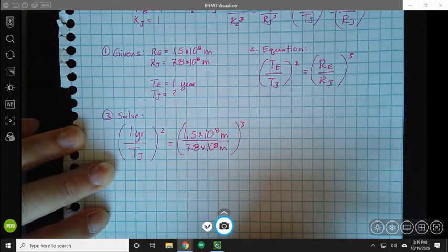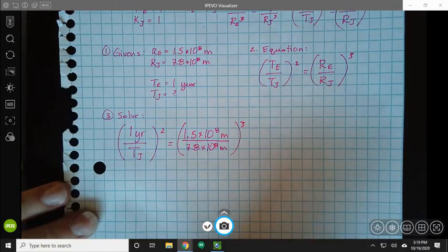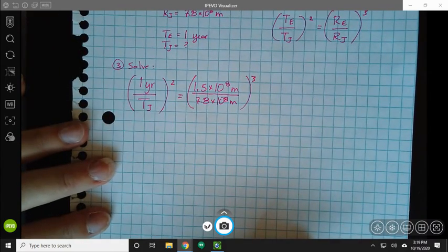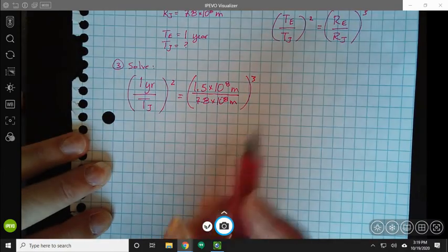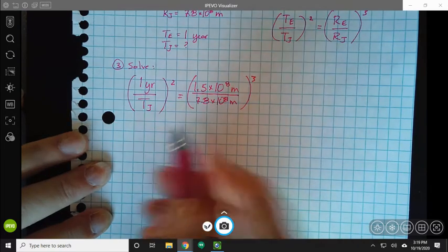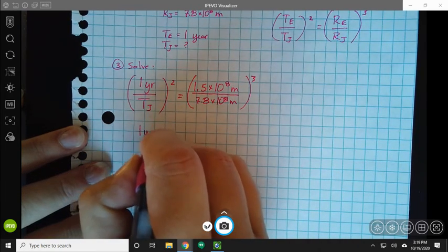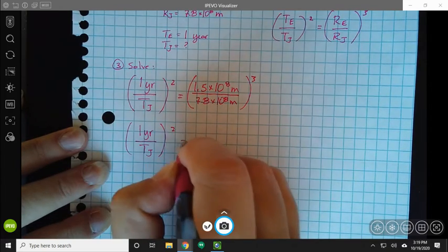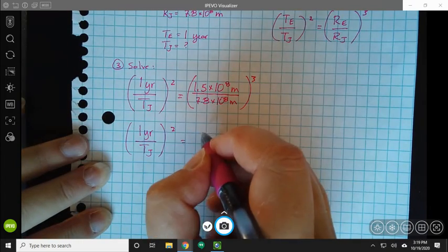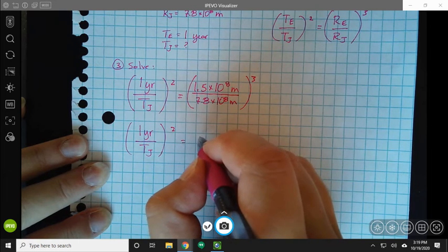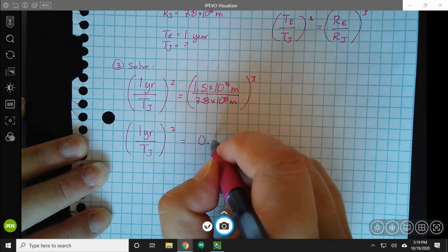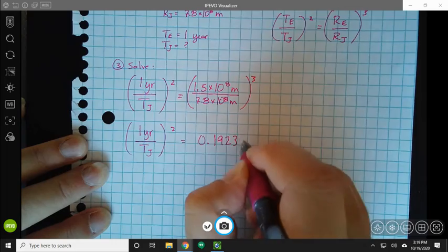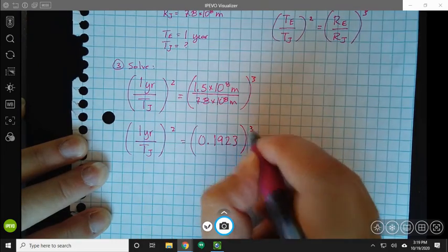And that whole value is cubed. Okay, so first thing that I'll do here is I'll do the math inside this. So I have 1 year over Tj, all of that squared, haven't done anything to it. And then over here I get 0.1923, and that whole quantity is cubed.